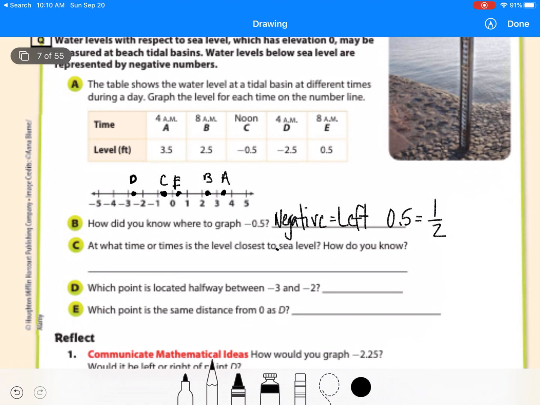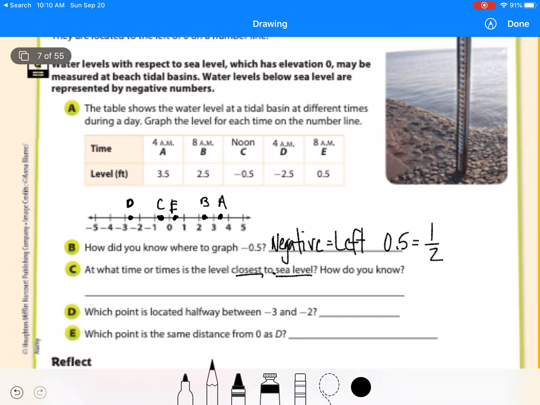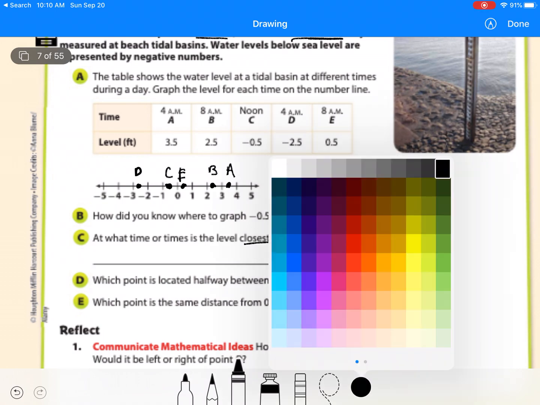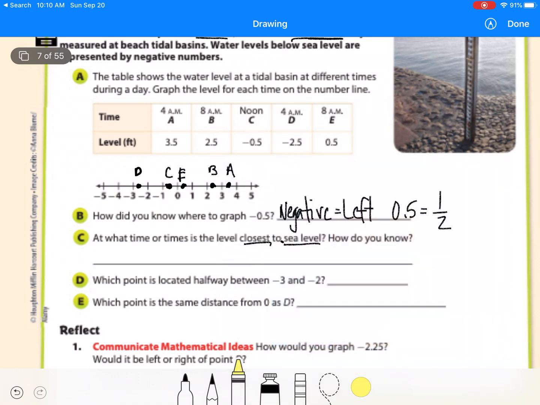At what time or times is the sea level closest to sea level? Do you guys remember what sea level is? It says it up here. Sea level, which is elevation of 0. So which numbers are closest to 0 on our number line? So if we look, I can highlight the 0.